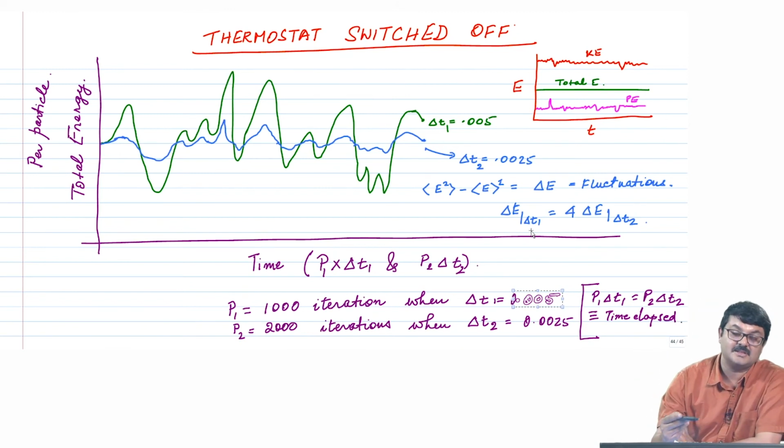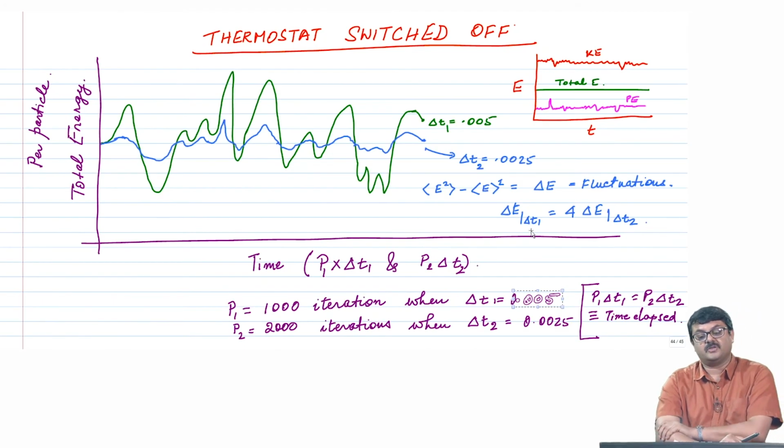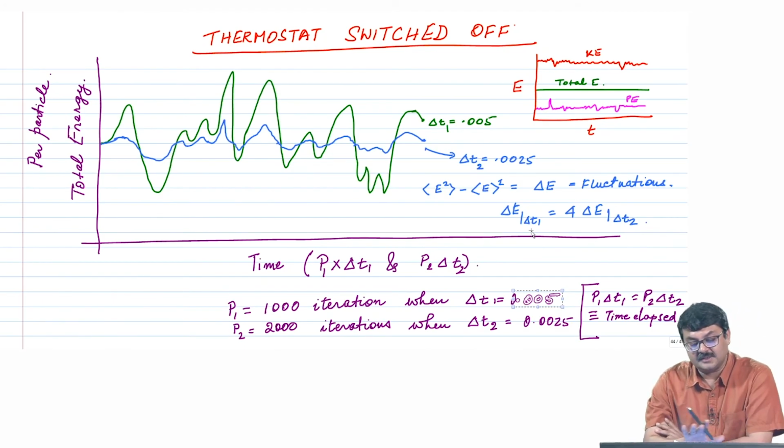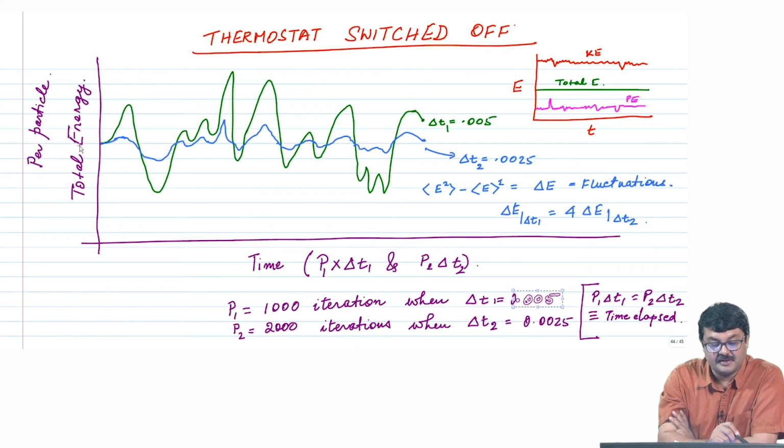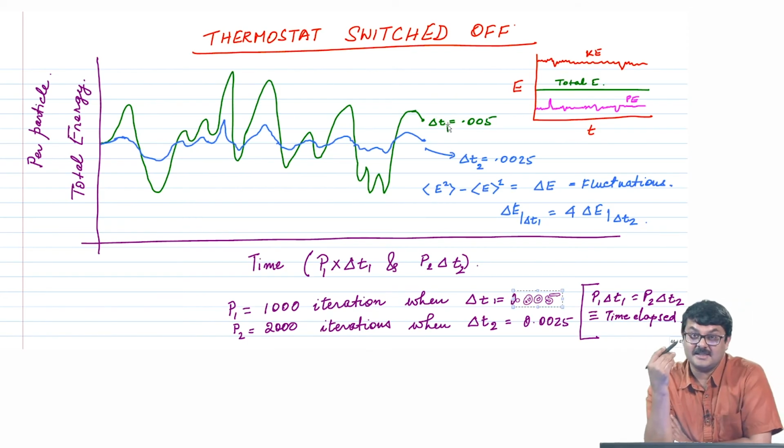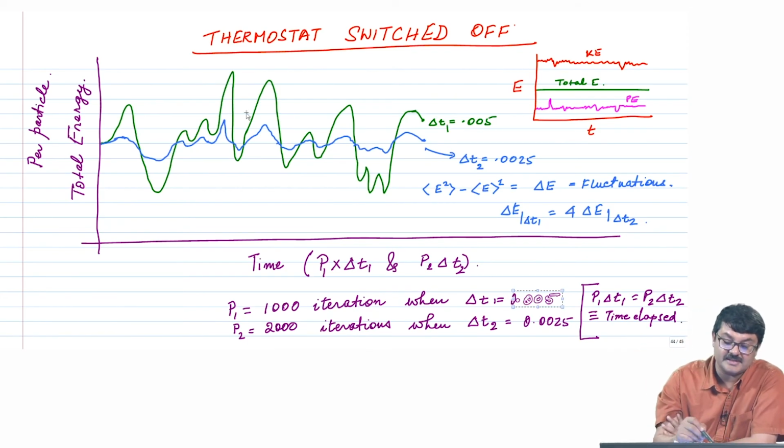So, the fluctuations in one would be 9 times those of the one with the smaller integration time constant. Now, the average of the two energies will be exactly the same. It will absolutely follow the path. On the other hand, if there is a bug somehow, then you will see that this does not follow the exact path.